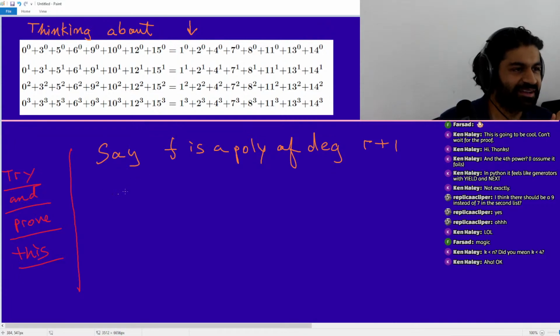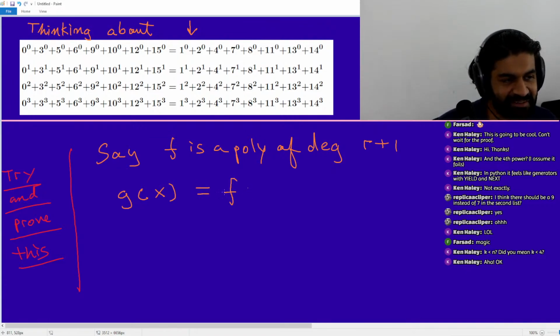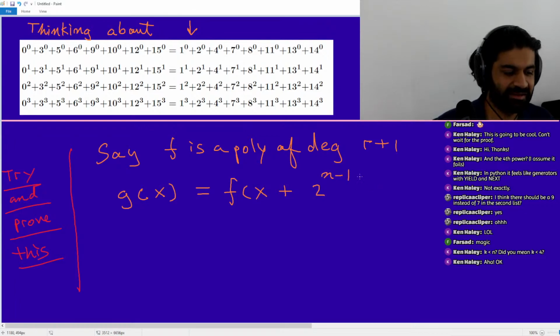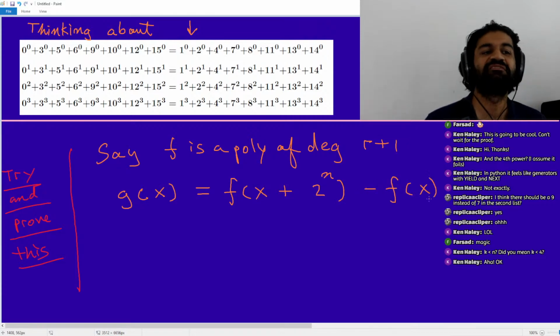You can define a new polynomial g of x like this: g of x is f of x plus 2 to the n minus f of x.